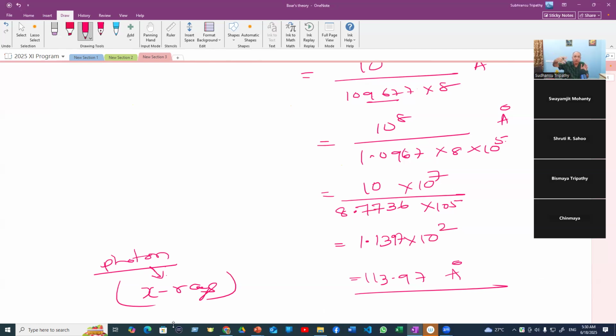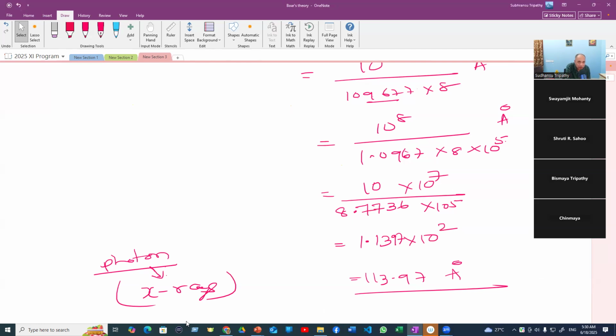Therefore, the same first shell, K shell, the radius will be less in case of Li 2 plus compared to hydrogen. And also, we found out the wavelength. Wavelength in case of 3 to 1, which is the Lyman series of hydrogen spectrum, will be in the ultraviolet region.